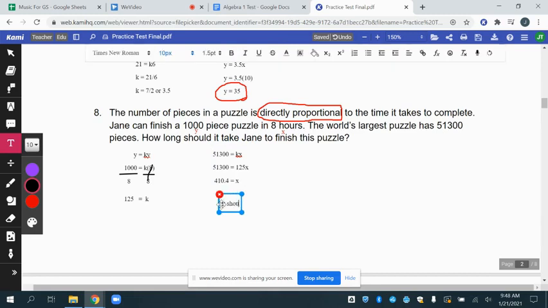In other words, it should take Jane 410.4 hours to solve the puzzle.